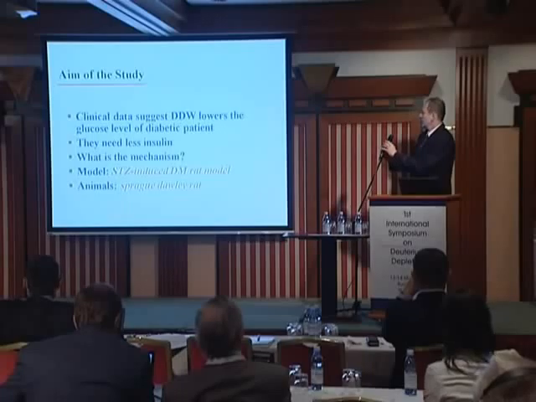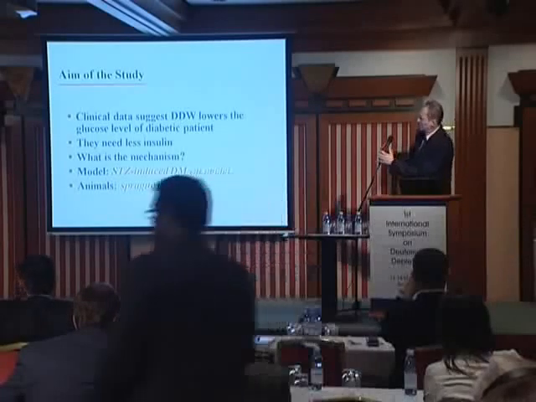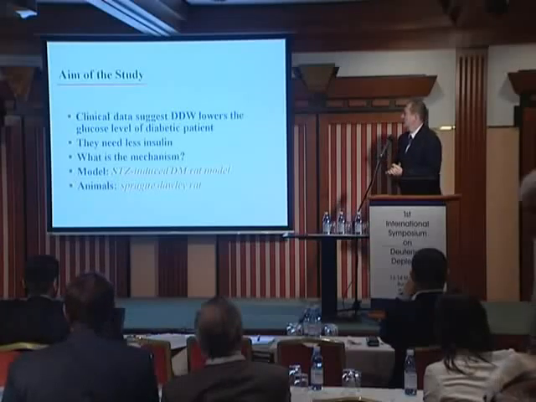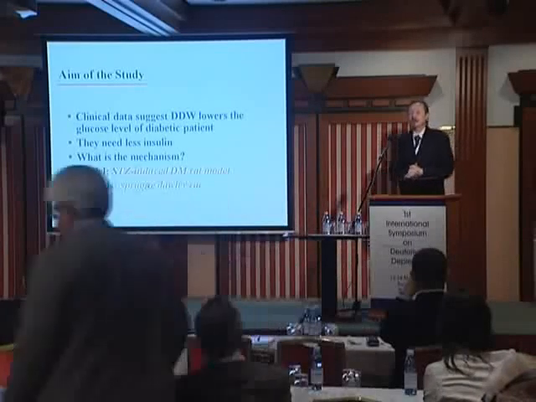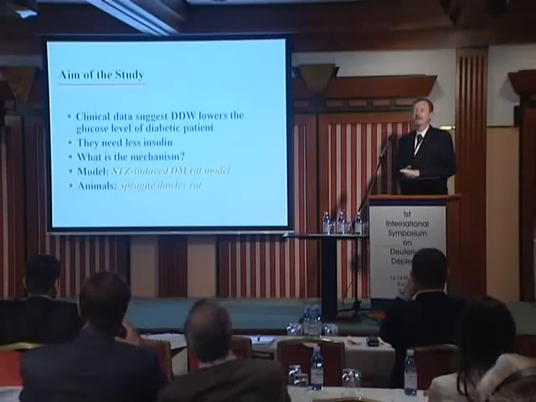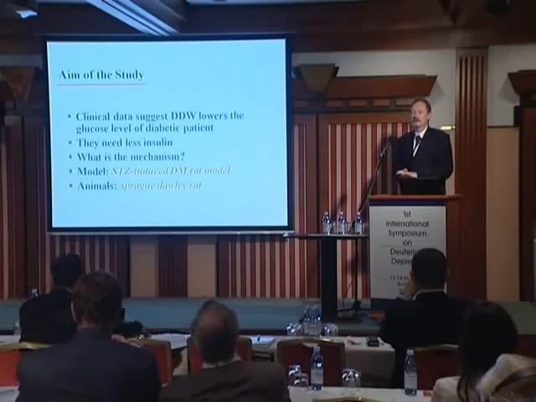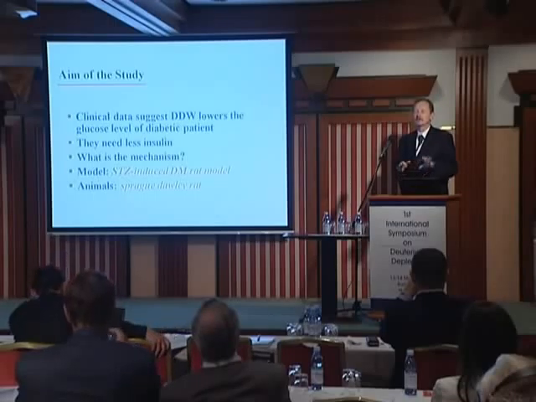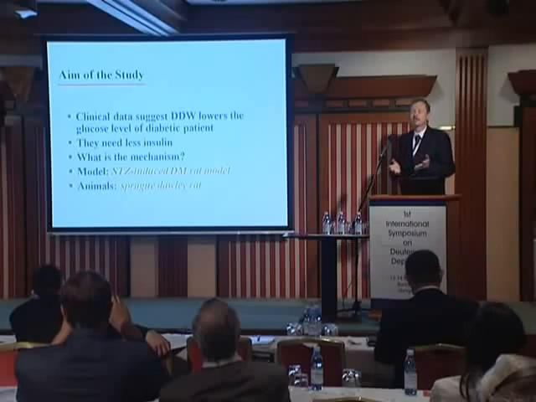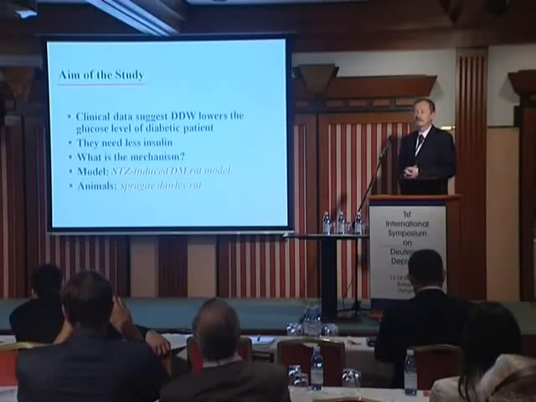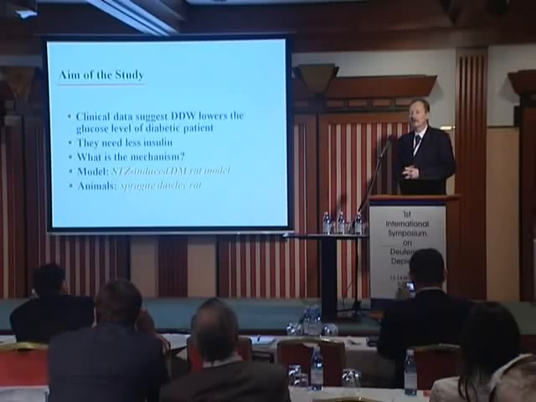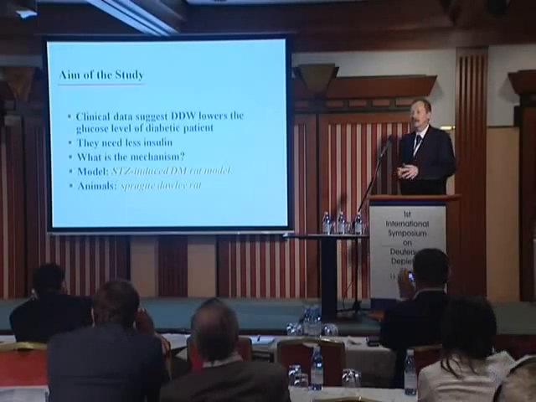First of all, we had to choose an animal model to test diabetes. There are two types of diabetes. Type 1 is the insulin-dependent diabetes, and type 2 usually affects elderly patients. Of course, type 2 would be much more interesting, however it's more difficult to have an animal model, so we focused on the first type.